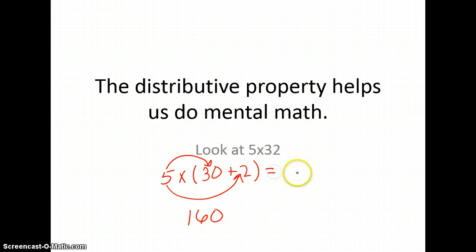The second way I would write it would be 5 times 30 plus 5 times 2. And the final way would be 5 times 30 is 150 plus 5 times 2 is 10. So that is 1, 2, 3 ways to rewrite this problem using the distributive property.